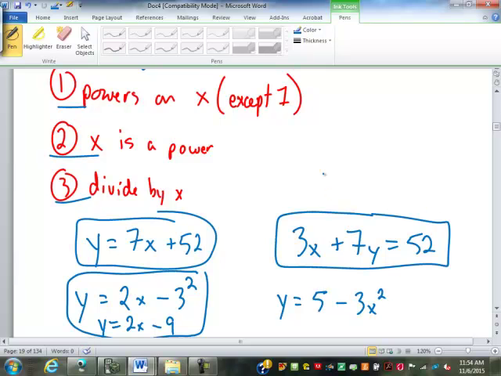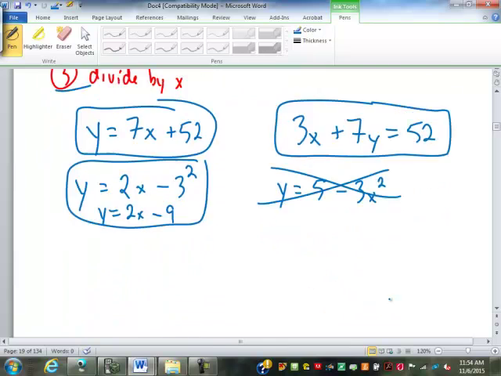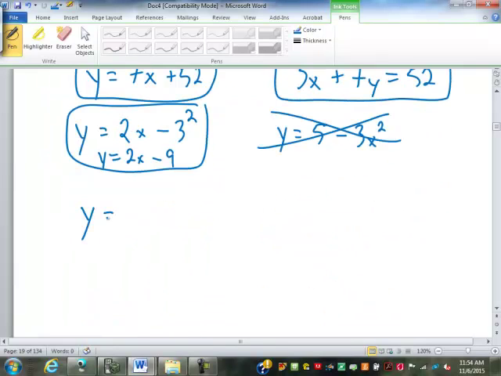How about this one? That one will not be a straight line because it's x squared. How about this one?